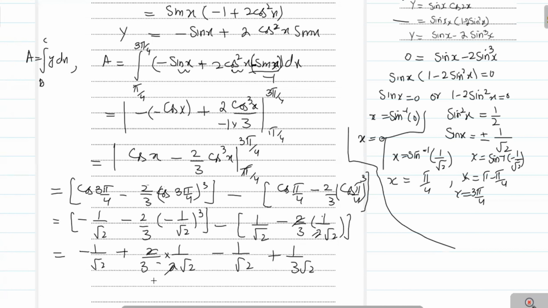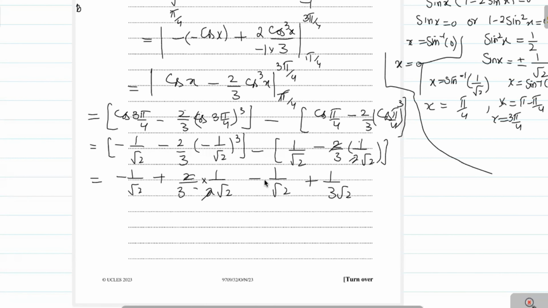Now we can write here is over under root 2 minus 1 over under root 2, we can write 2 under root 2 plus 1 over 3 under root 2 plus 1 over 3 under 2, it becomes 2 over 3 square root 2. So now we simplify more. You see here, we can write here is multiply this first fraction by 3 to make the denominator same.